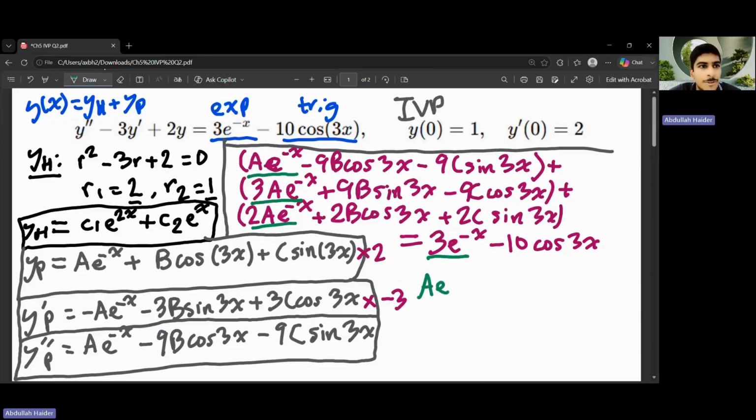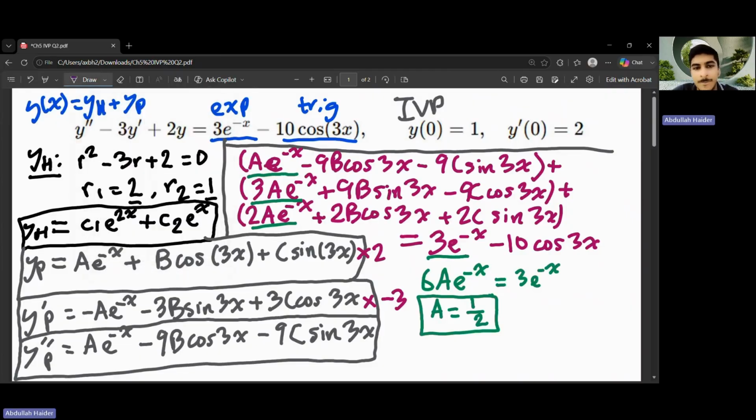So when you add these up, 1 plus 3 is 4, 4 plus 2 is 6. So you get 6a e^(-x) is equal to 3e^(-x), and you get a is equal to 1/2. This is our a.